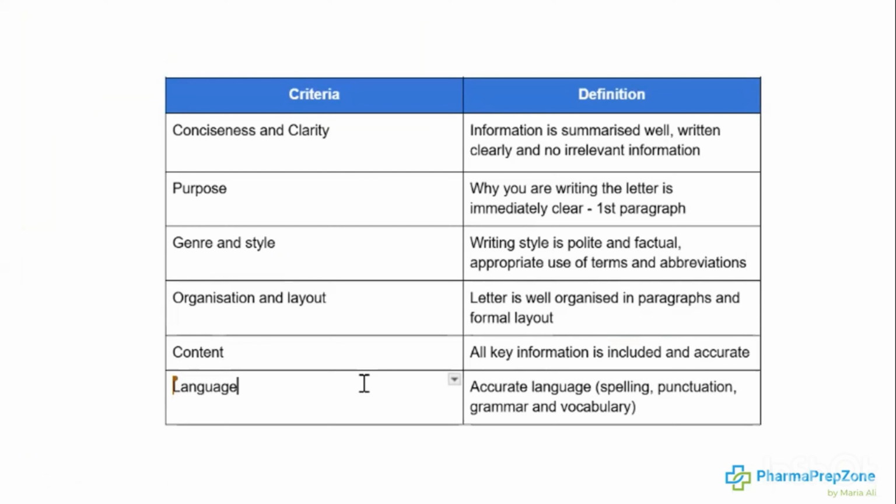Official samples say all key information is included and accurately represented. Audience awareness is key. Write what the reader needs to know to continue the care. So all key information should be included and it should be accurate. Whatever they have asked you to write in the writing task, you have to write all of that. Let's say your writing task is to talk about the medications of the patient, and the patient has five medications. You have to talk about all of those five medications.